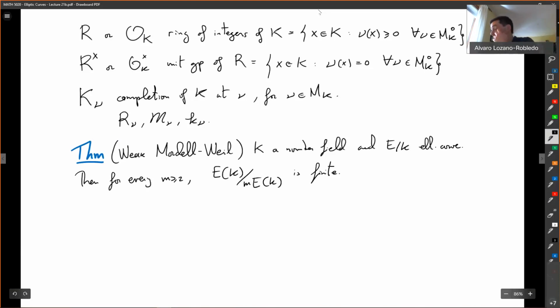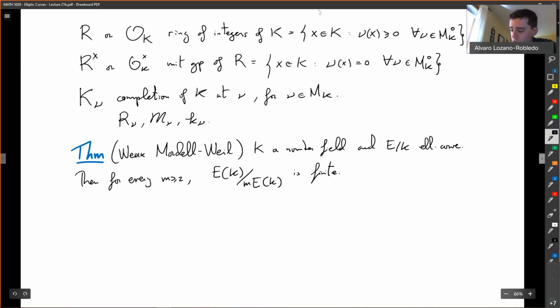All right. And the first thing we're going to prove is a lemma, which is that I can actually extend K by a finite extension and prove it in the finite extension. If I prove it in the finite extension, then it's true also in the smaller field.